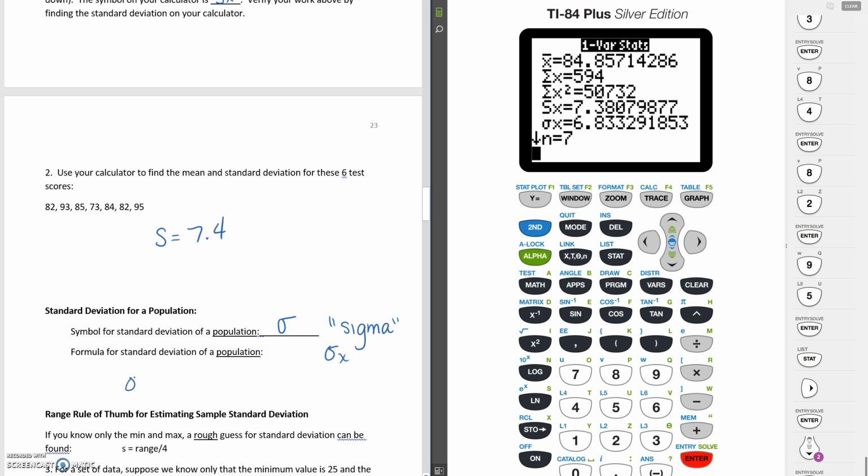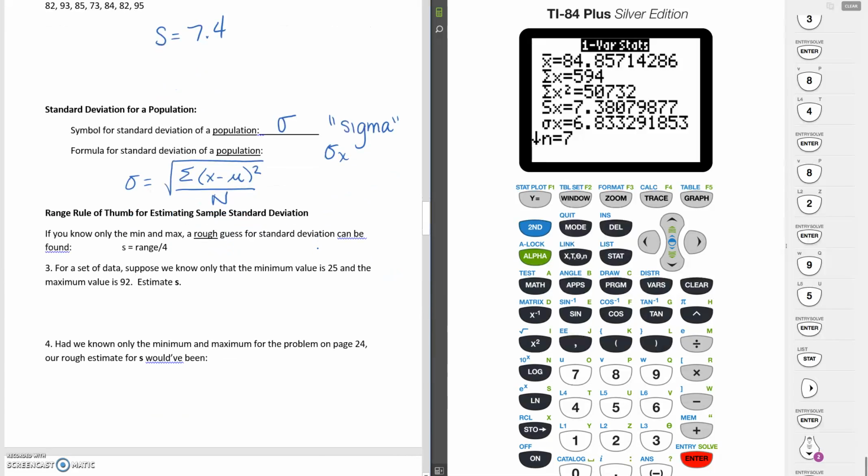And the formula looks very similar, except we're using the mean of a population. So it's x minus mu instead of x bar, and we divide by n. But you're not going to have to do that by hand. If you had a whole population, the calculator also gives you that standard deviation. But in almost every case in this class, you will be using a sample, and so you're going to use SX.